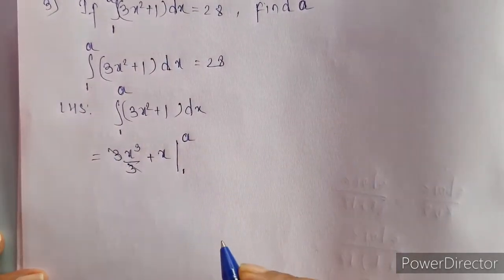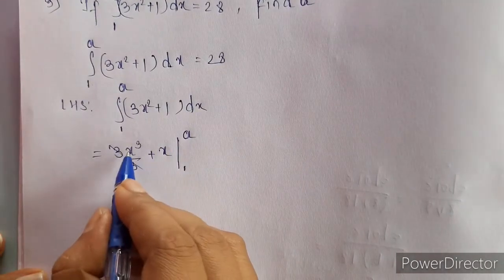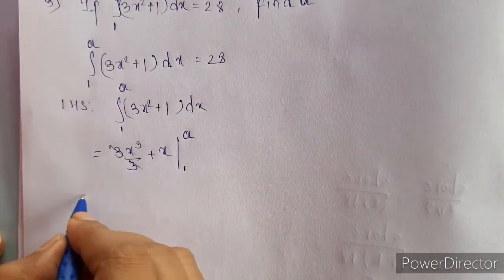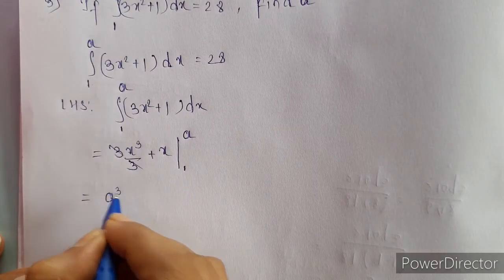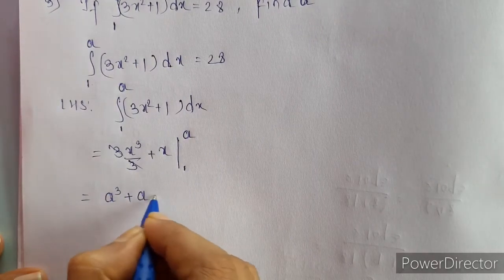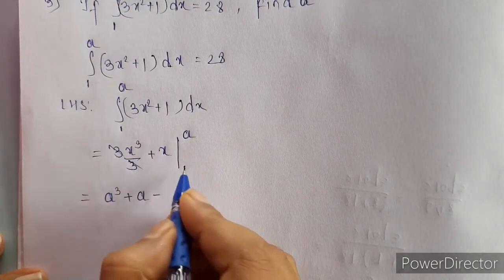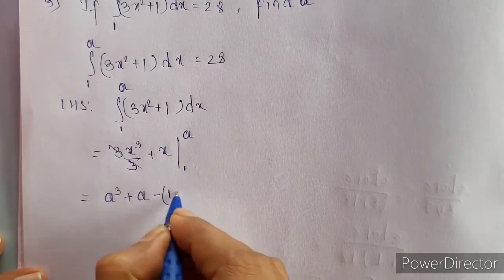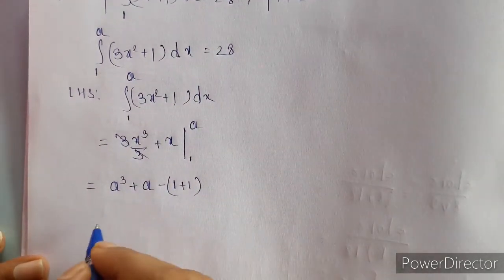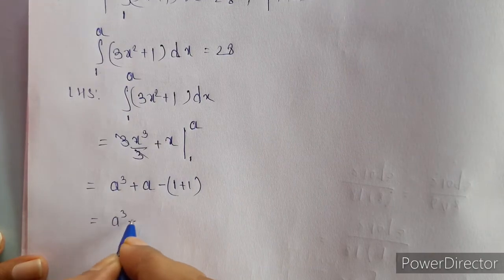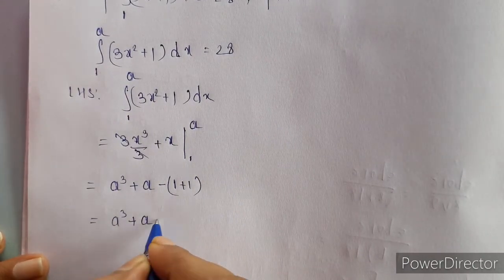This 3 will get cancelled. Now suppose I am substituting these limits here. This can be written as a cube plus a minus, now substitute 1, 1 plus 1, right? So we can write this as a cube plus a minus 2.